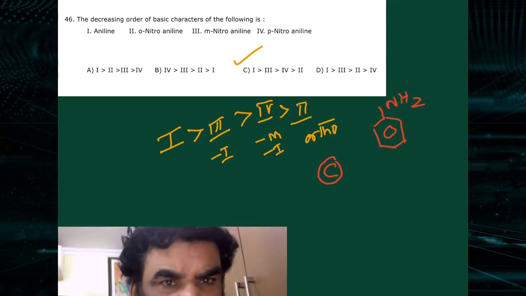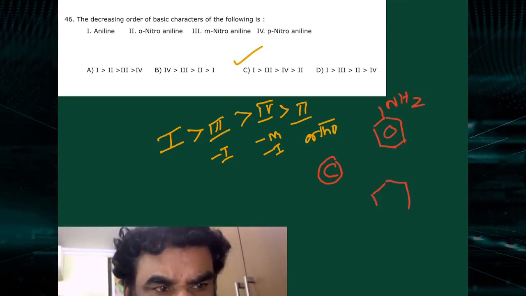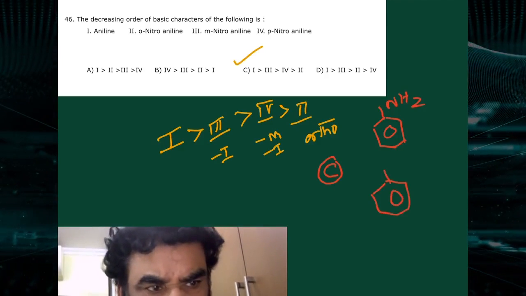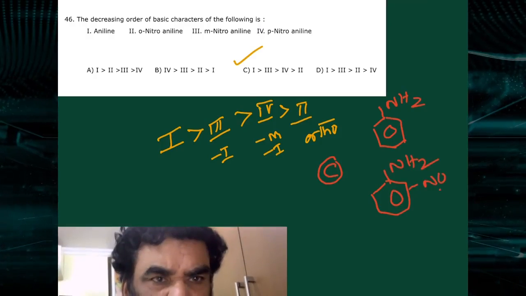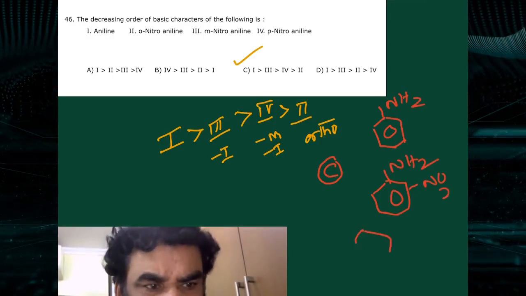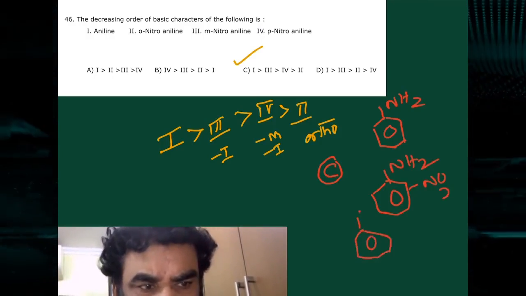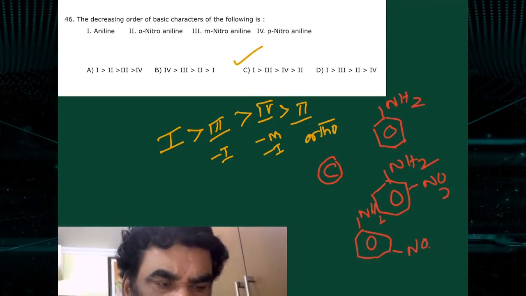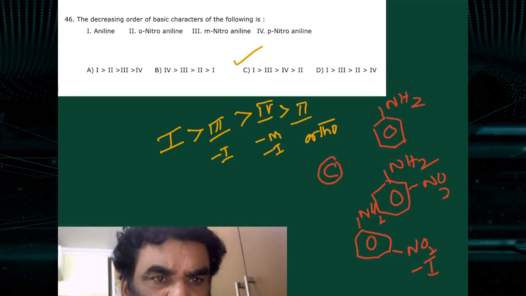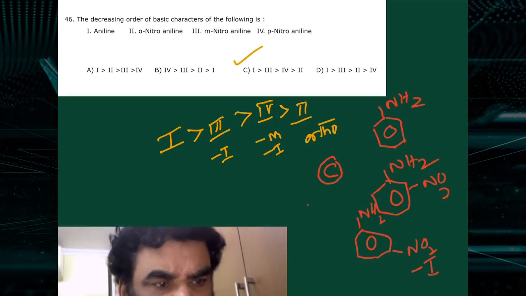This is the nitroaniline, orthonitroaniline, ortho effect, metanitroaniline, minus I effect, and paranitroaniline.